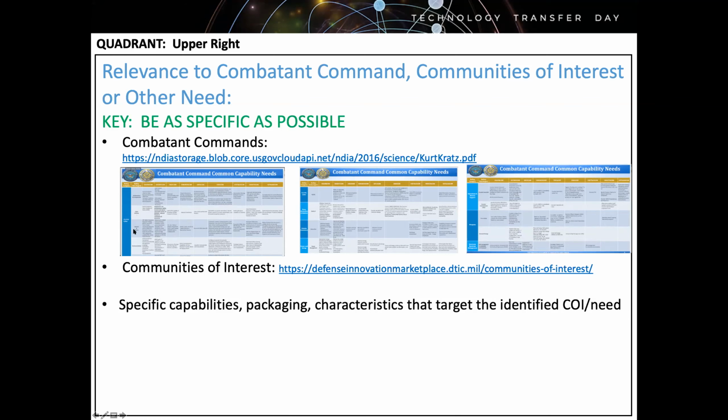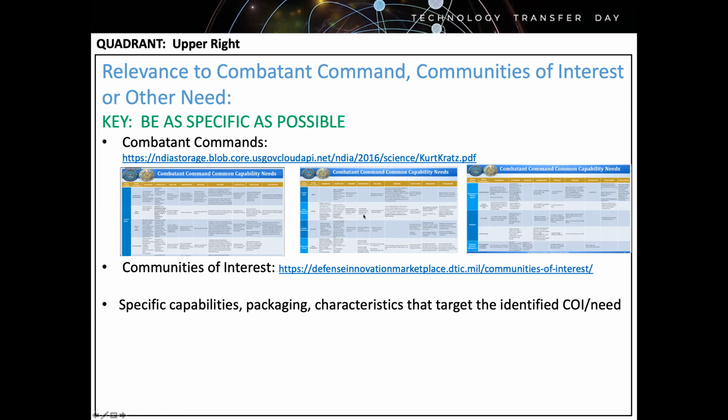If you can go on this chart and identify your technical category and subcategory, and then go across the line here. So we're looking at force protection and medical right here with the subcategory of medical. You can see each and every combatant command that is listed across the top here have some type of interest in this particular category.